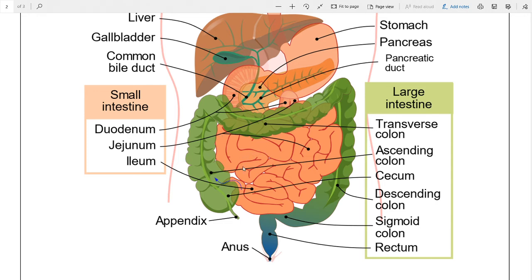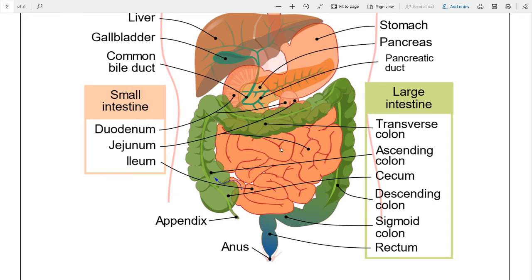So bile salts work here in the small intestine, and fats get digested in the small intestine, and proteins also somewhat. So this complete digestion takes place here. Carbohydrates are completely digested in the stomach itself, but protein and fats are digested in the small intestine.